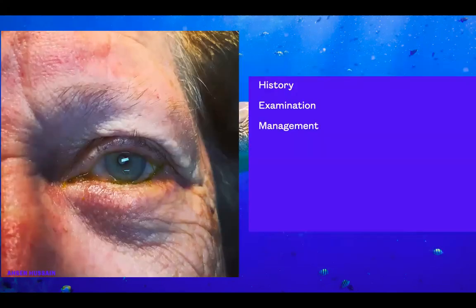So when you're dealing with a patient with lower lid entropion, they, of course, will present with a history of irritation, photophobia, maybe a red eye, maybe a discharge. They may present with a history, of course, of surgery. And it's important to know whether they've had previous attempts at lower lid repair, because that will also possibly determine what you're going to do.